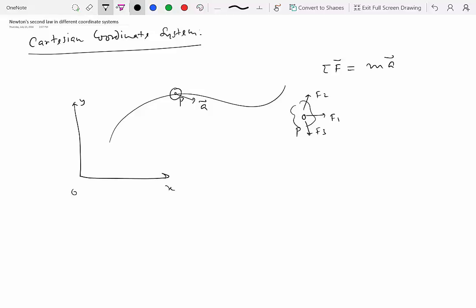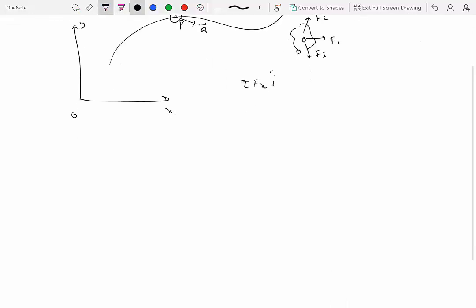They're all concurrent, and we will resolve these forces in our chosen coordinate system, and we would write the right hand side as m times acceleration along x direction plus acceleration along y direction, assuming that this is moving only in an xy plane. On the left hand side, we will have the sum of the forces along x direction, i hat, plus the sum of the forces along y direction, j hat, equal to m times ax i hat plus m times ay j hat.